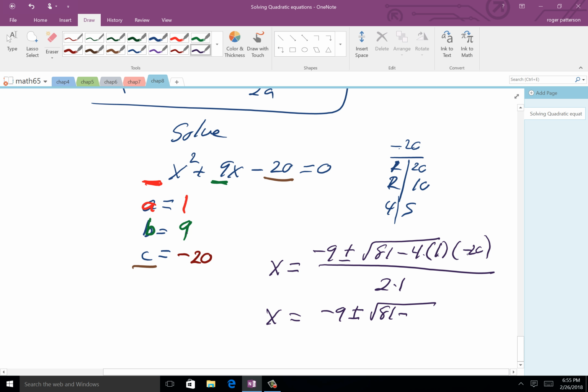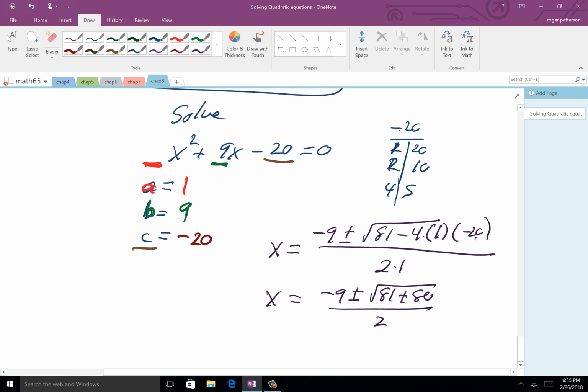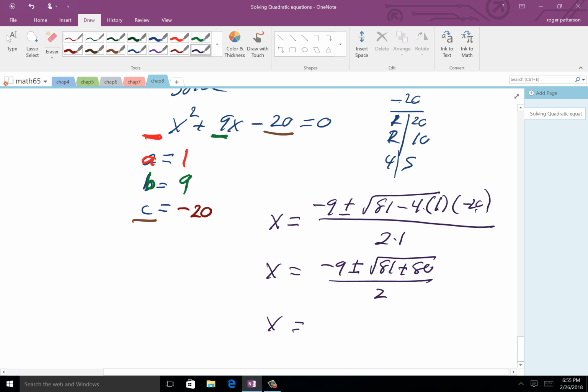Four times 1 times negative 20, I know that's 80, and it's going to be a plus. And this is just 2, and then I just keep going.